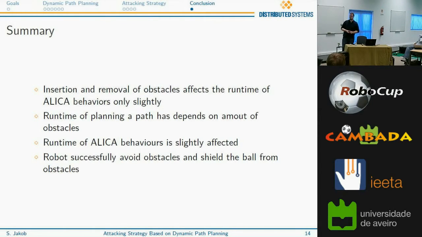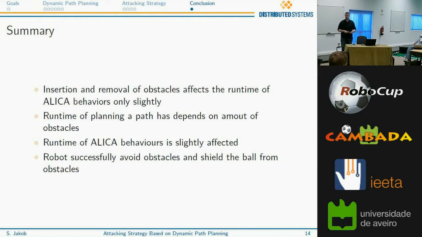The path planning is normally a very expensive operation, but if we plan a path through the whole field, it takes around 1 millisecond for 10 to 25 obstacles on the field, and the runtime gets higher if there are even more. If we would have around 100 obstacles on the field, it takes around 17 milliseconds.